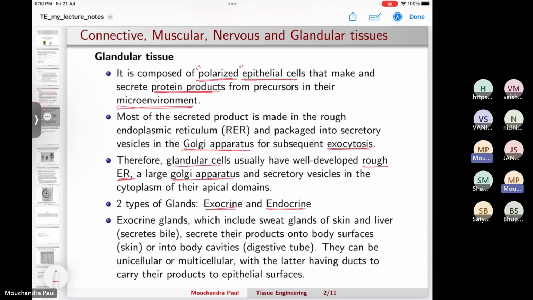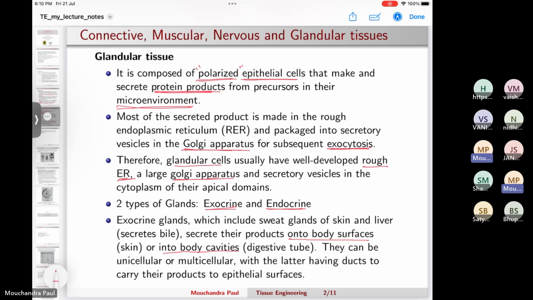Why? Because they secrete products onto body surfaces, like sweat. We get sweaty, right? So sweat glands secrete sweat on our skin surface, or they secrete bile juices directly into the body cavities. That is why they are called exocrine.